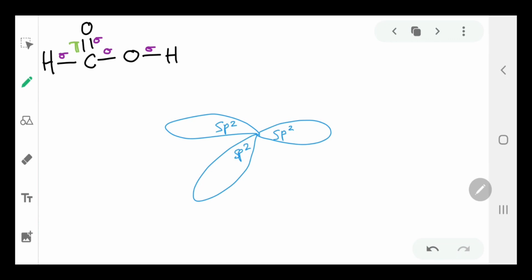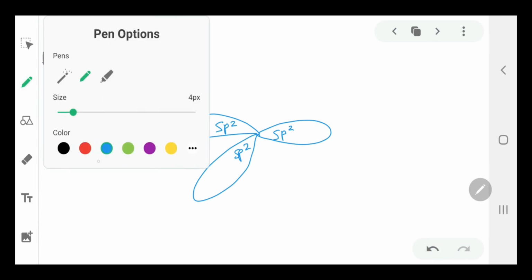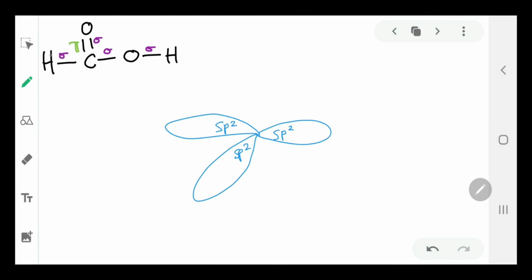And then if you look here, you have one H, so you can draw the H over here. 1s H. So you have that sigma overlapping right there.